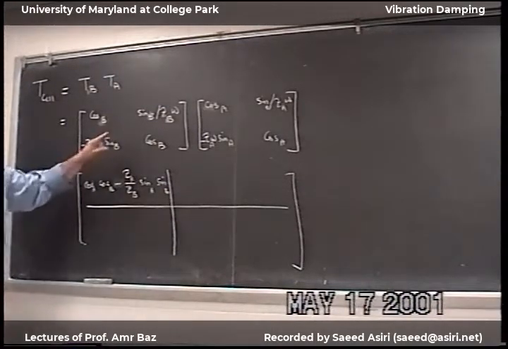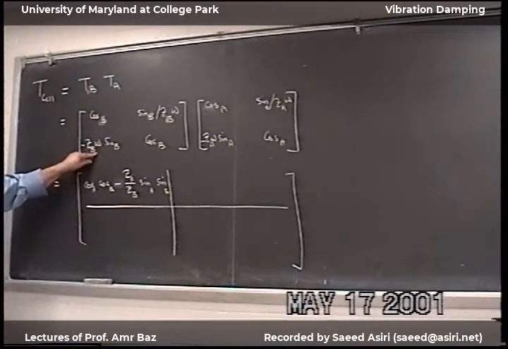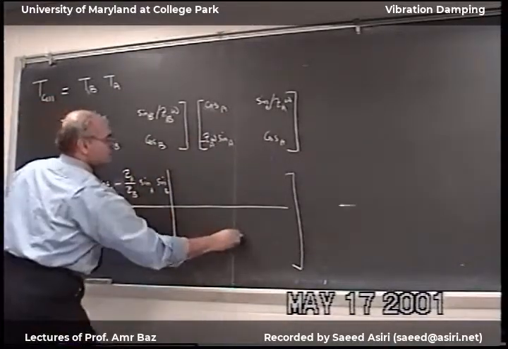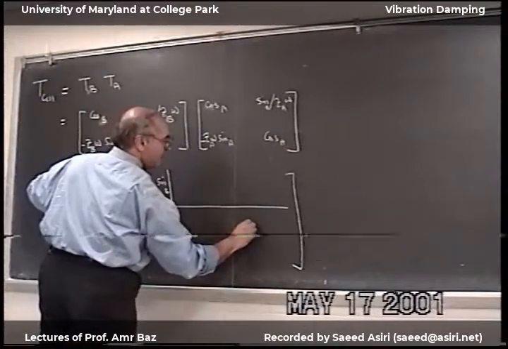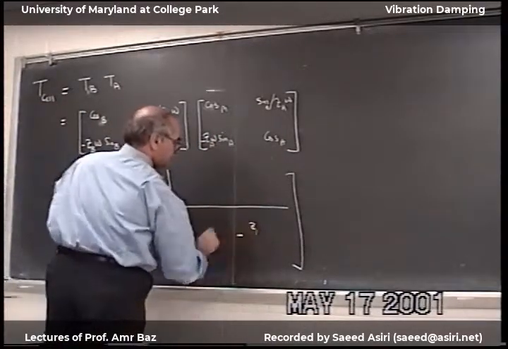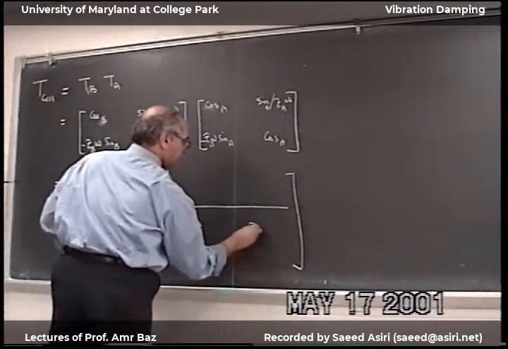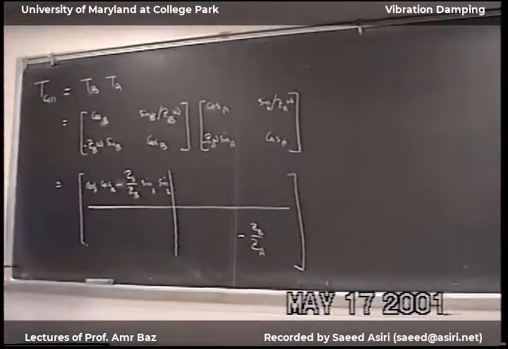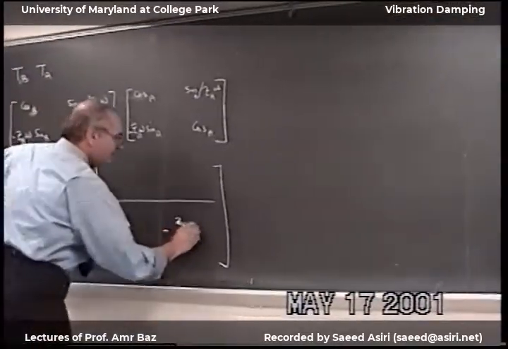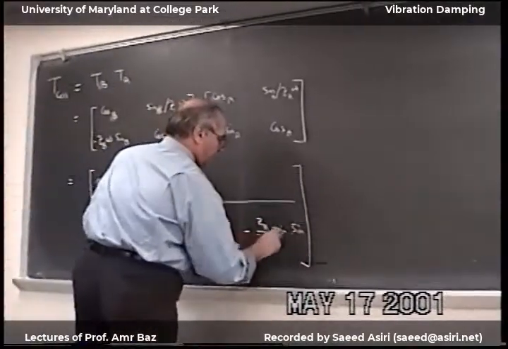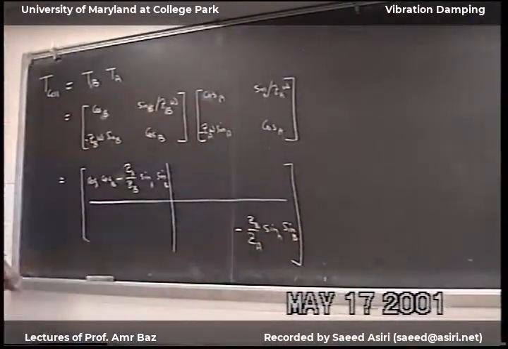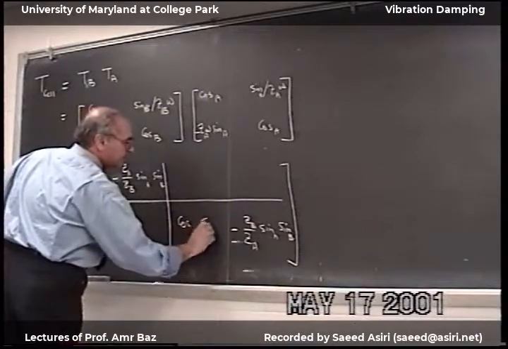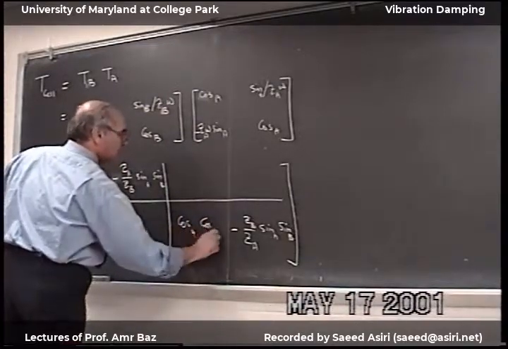So now here it will be exactly the same except the Z's are reversed. So now this will be ZB over ZA. Okay, and then sine, sine. And the first, and then we have the cosine, cosine, A and B.